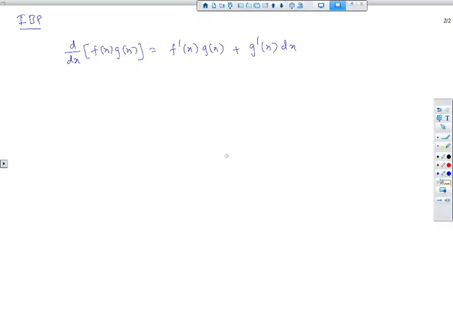So d by dx of the product f(x) g(x) is f prime x g(x) plus g prime x f(x), right?